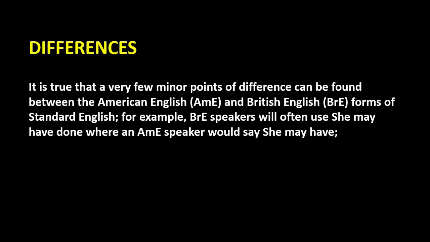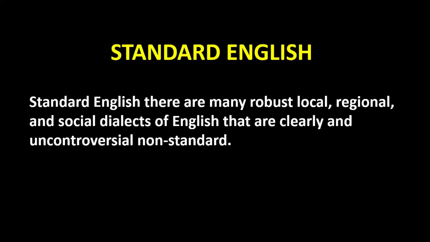In British English we use "done", but in American English, if we are repeating this sentence, we say only "she may have". We are not using the word "done". So this is the difference between American and British English in a very easy form.